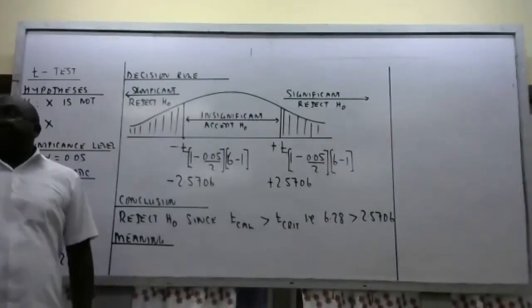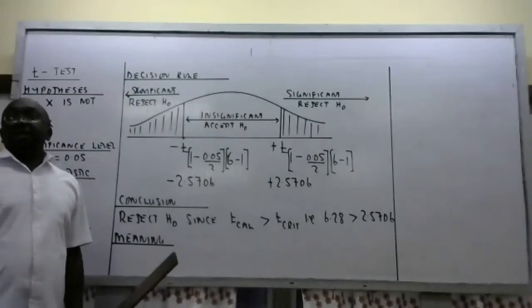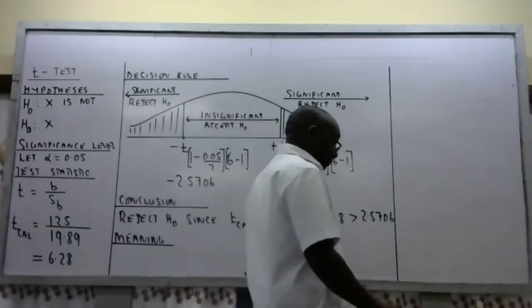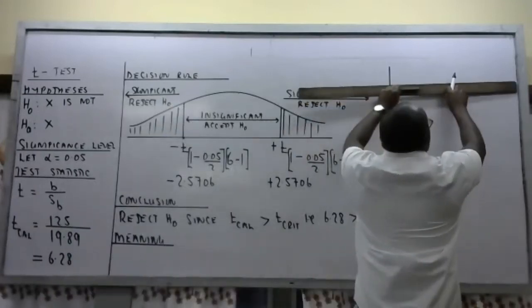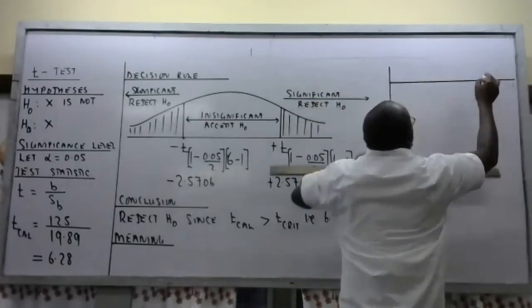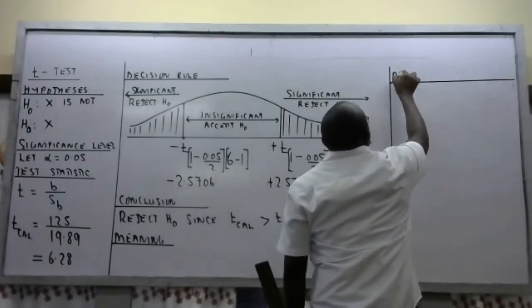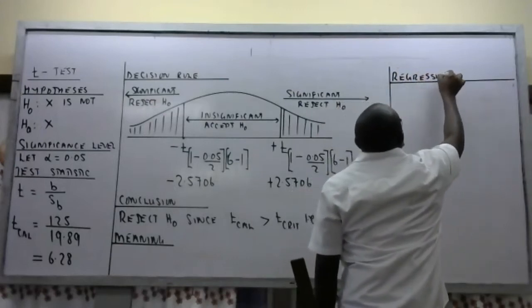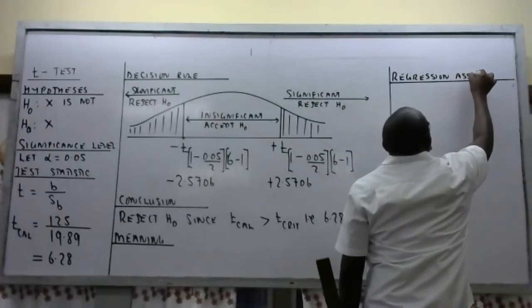Yes, so those are the 6 tests for the goodness of fit. Now, we say there are 3 categories. Let us go to regression assumptions.